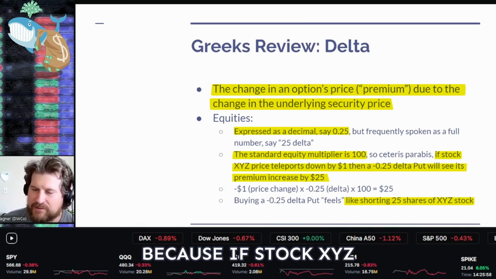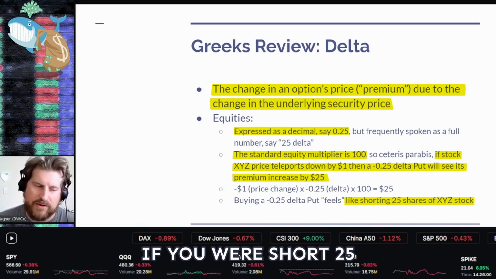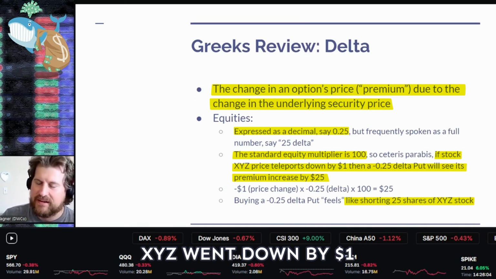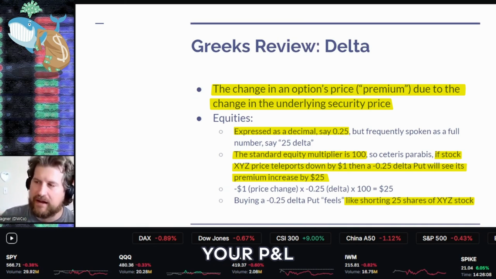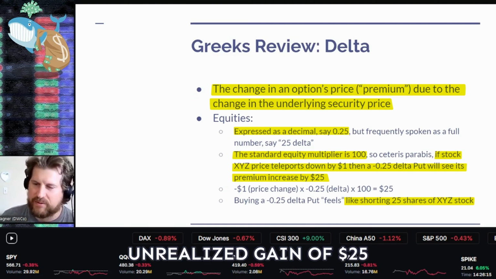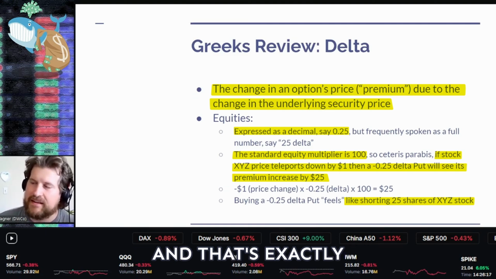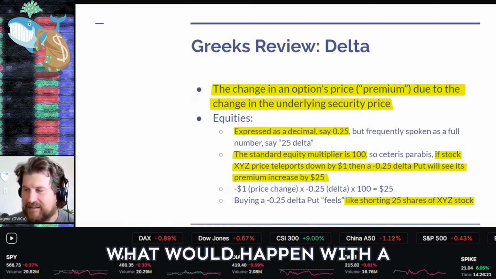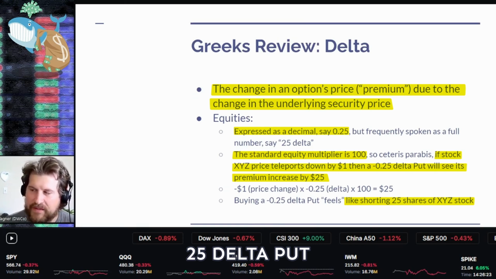Because if you were short 25 shares of stock XYZ and the price of XYZ went down by $1, your P&L, your profit and loss, would be plus $25. You would have an unrealized gain of $25. And that's exactly, ceteris paribus, what would happen with a 25 delta put as well.